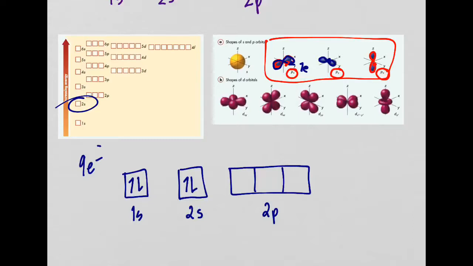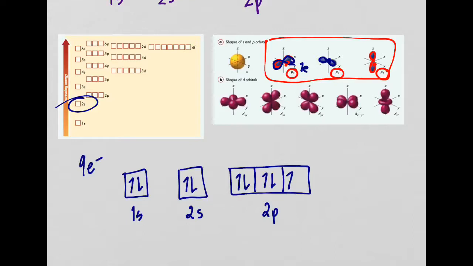So I have 9 electrons here. I've already put in 4, so I have 5, 6, 7, 8, 9. That's how you would draw an electron configuration diagram for an atom with 9 electrons.